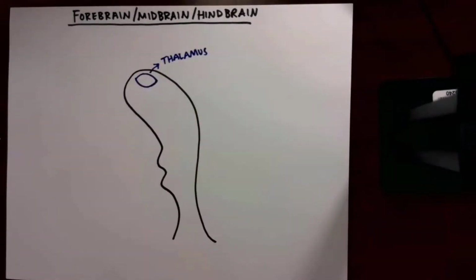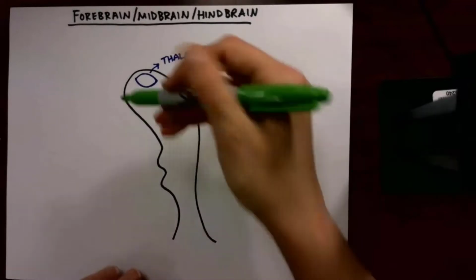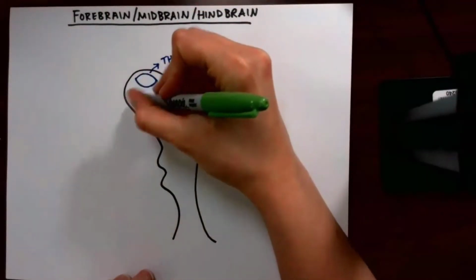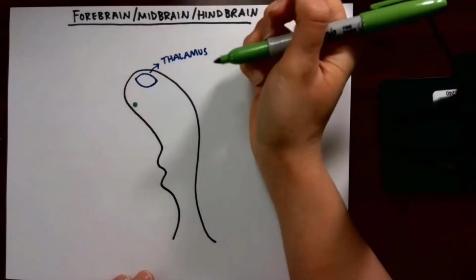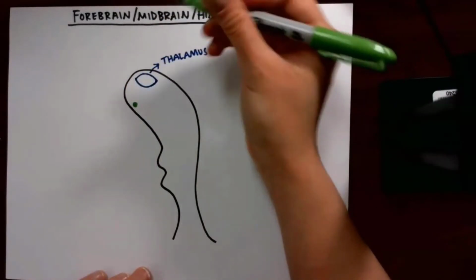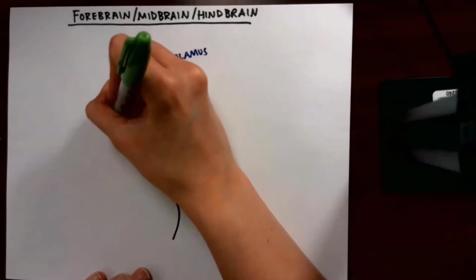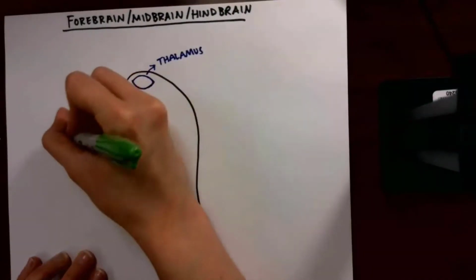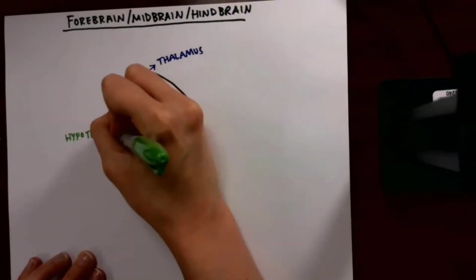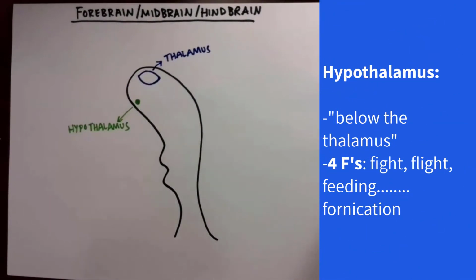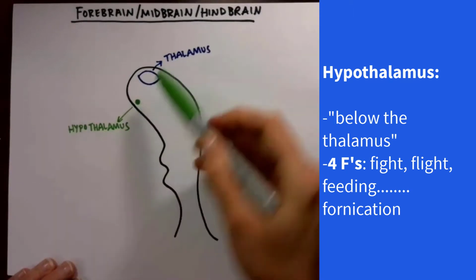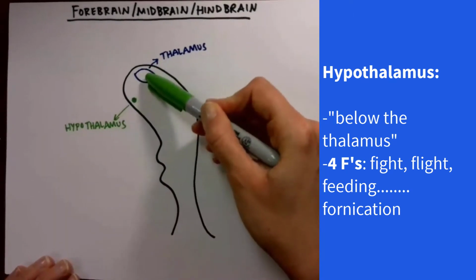Alright, next I'm going to get a light green color and I'm going to draw right down here just a tiny small little dot. Okay, not super tiny, but a little dot. Right? And this right here is called the hypothalamus. The hypothalamus, literally the word hypothalamus means below the thalamus, and you'll notice it's below the thalamus, right?